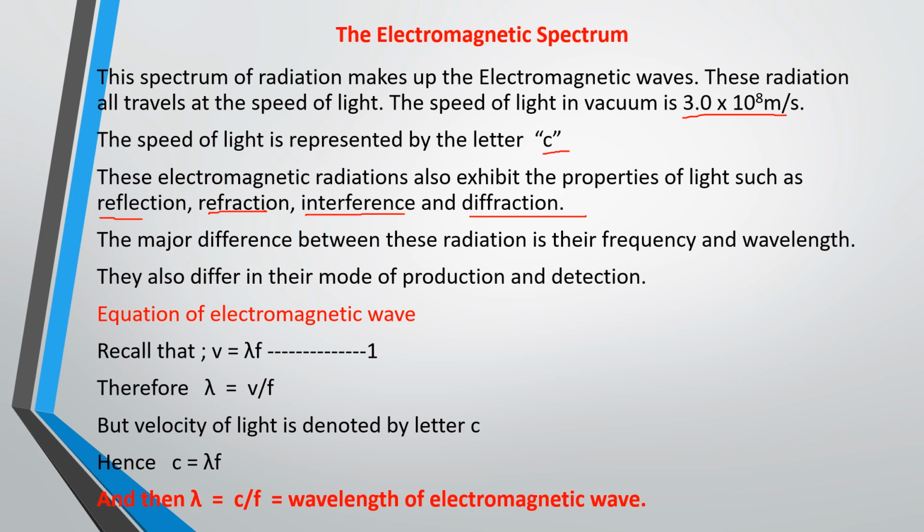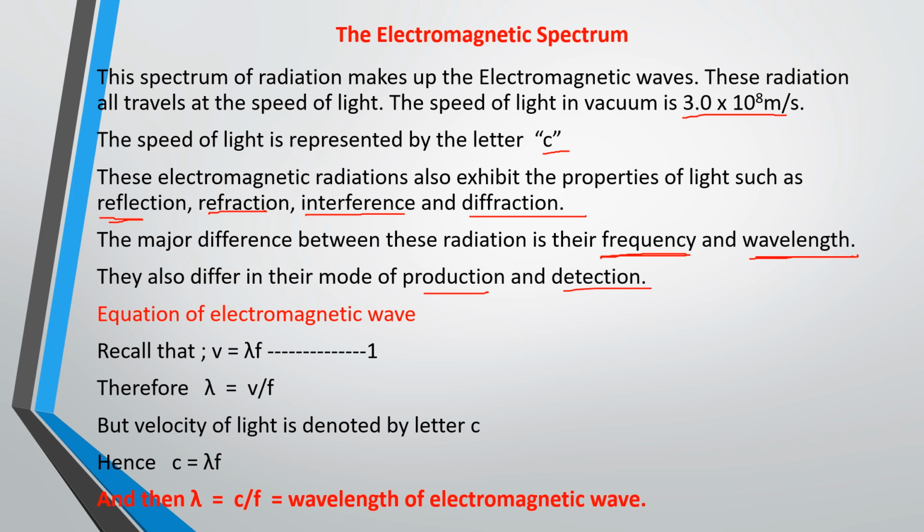The only major difference between the waves is in their frequency and their wavelength, and also in their mode of production and detection. They are detected by different methods and produced by different methods, but they exhibit the same characteristics of light, and they differ by their frequency and their wavelength, which we have discussed.